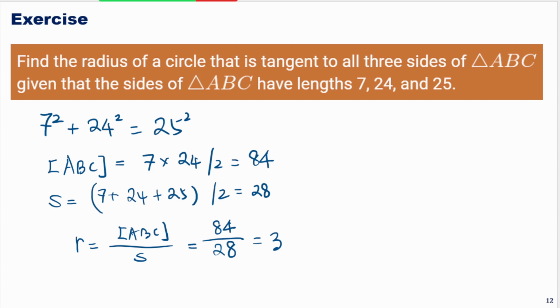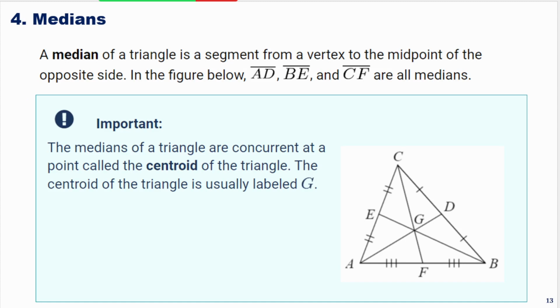Okay, if you don't have any questions, let's consider the concept of medians. A median of a triangle is a segment from a vertex to the midpoint of the opposite side. In the figure below, AD, BE, and CF are all medians. The medians of a triangle are concurrent at a point called the centroid of the triangle.